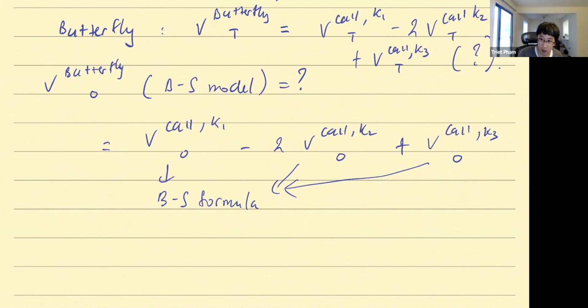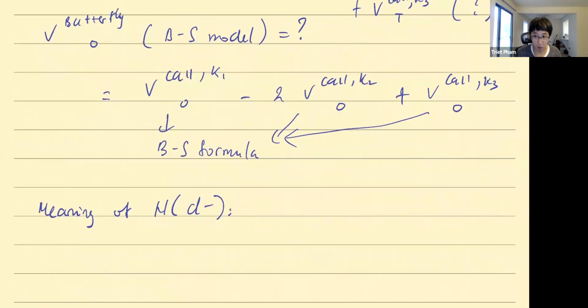One more thing I want to say is this. The meaning of N(d-), this is quite important actually. In fact, N(d+) too, but N(d+) is a bit hard to explain within our level.